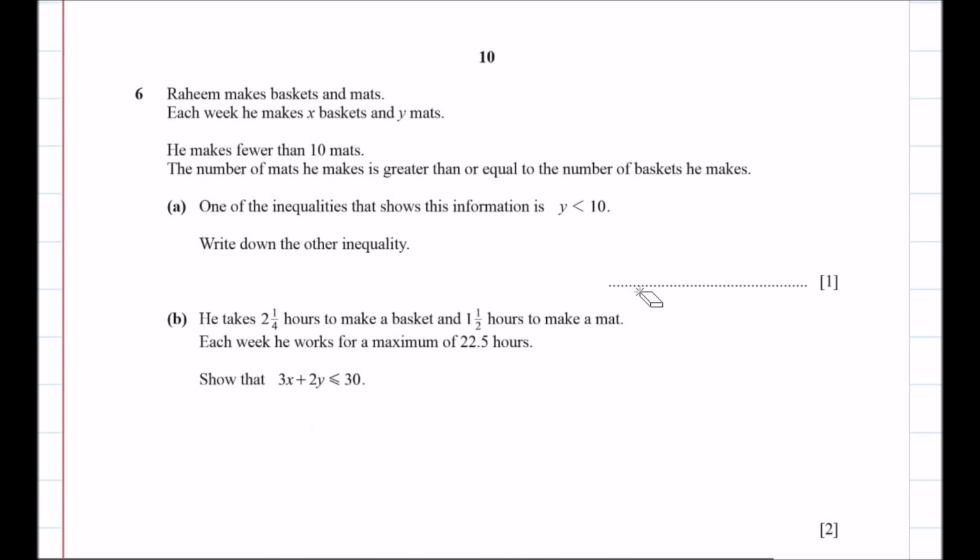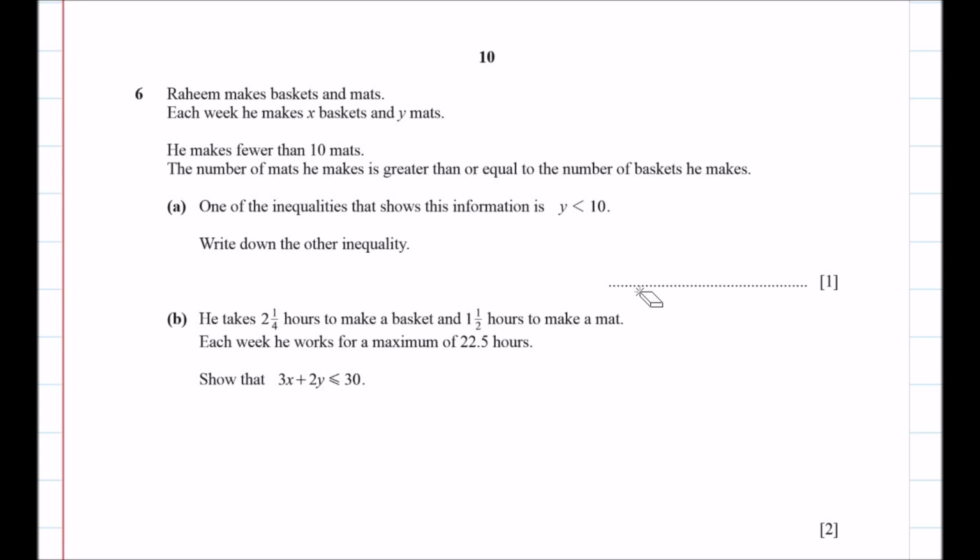Now question number 6. Rahim makes baskets and mats. Each week he makes X baskets and Y mats. He makes fewer than 10 mats. The number of mats he makes is greater than or equal to the number of baskets he makes.